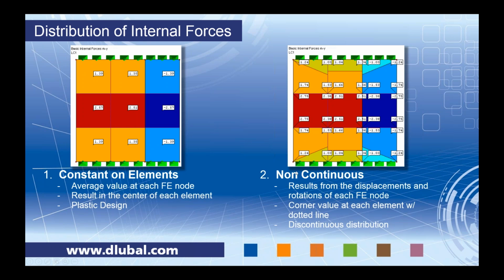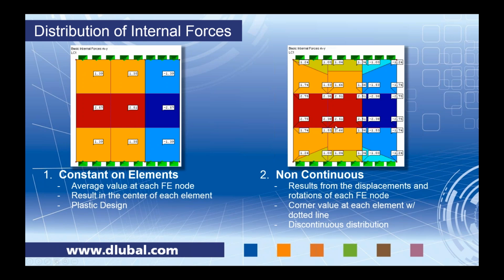Looking at our other option here, non-continuous, this was the second option we could choose from. This is where our results from the displacements and rotations of every FE node are calculated. You can see here that there is a corner value at each element, and there's a little dotted line that points to which FE node this belongs to.